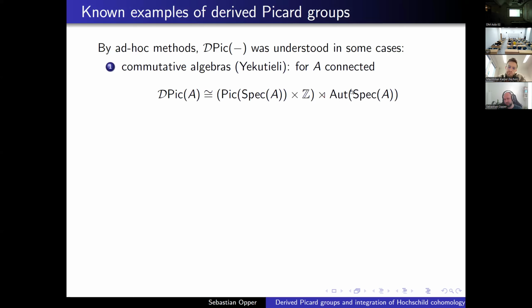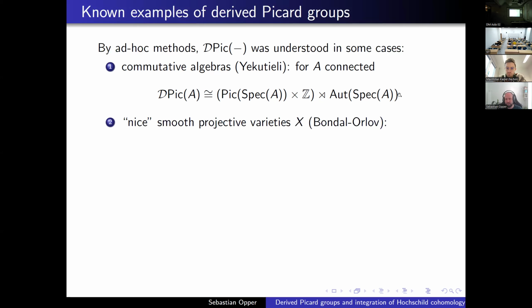One is the automorphism group of the spectrum of A, which you can also rewrite in other terms, but I wanted to have the geometric point of view on this. And then a more algebraic bit, where the Z part, the integers, is just a shift functor, because although it's maybe not apparent from the definition, the shift functor is always an element in the derived Picard group. And then this is the ordinary Picard group of this affine scheme.